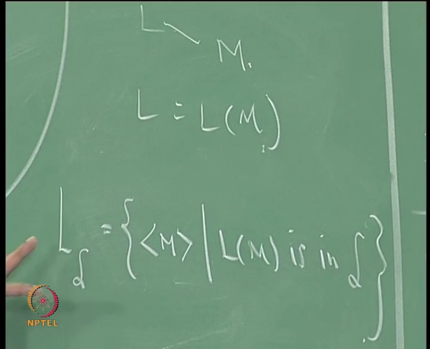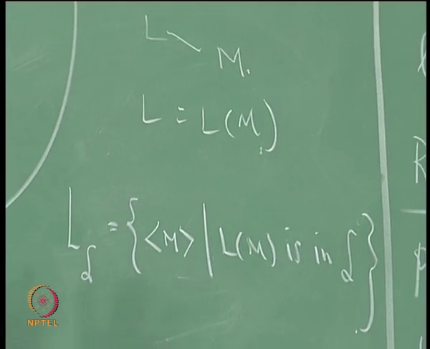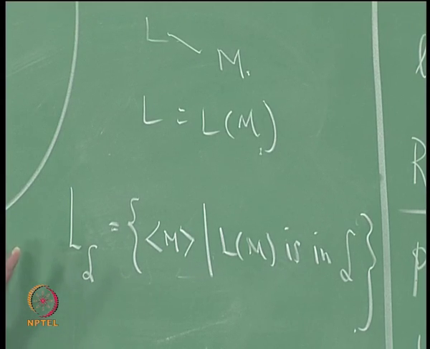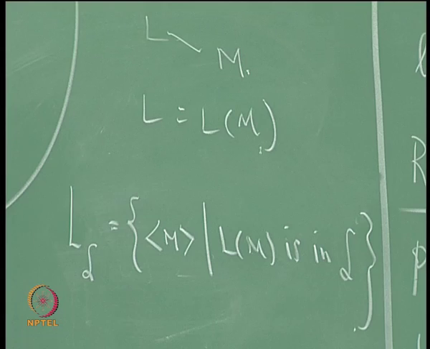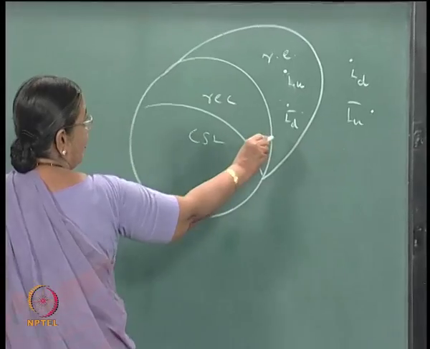Now, Rice's theorem says that L of S is not recursive, isn't it? There is another theorem which says under what conditions it will be recursively enumerable. It is not recursive means it could be recursively enumerable but not recursive.